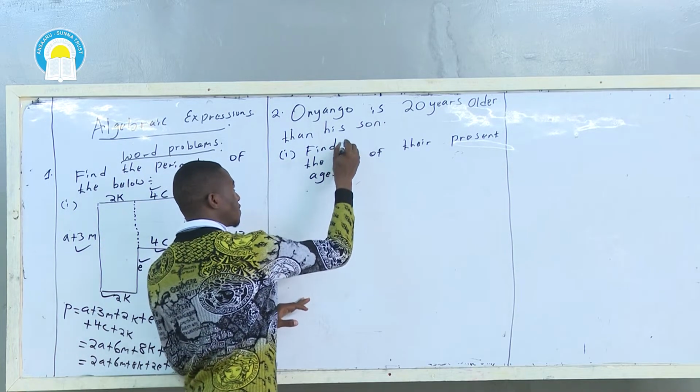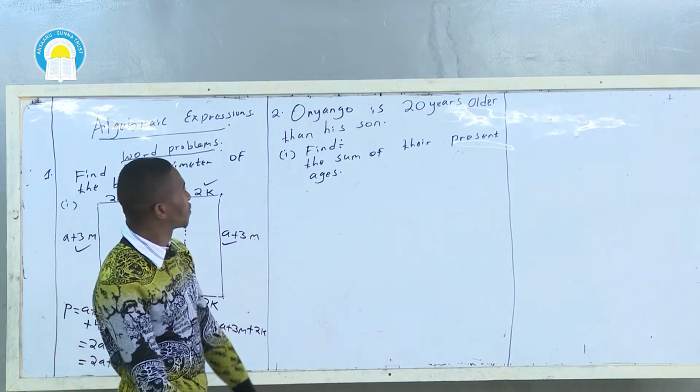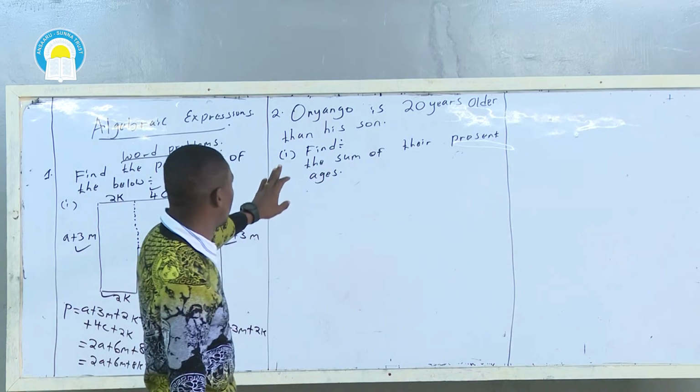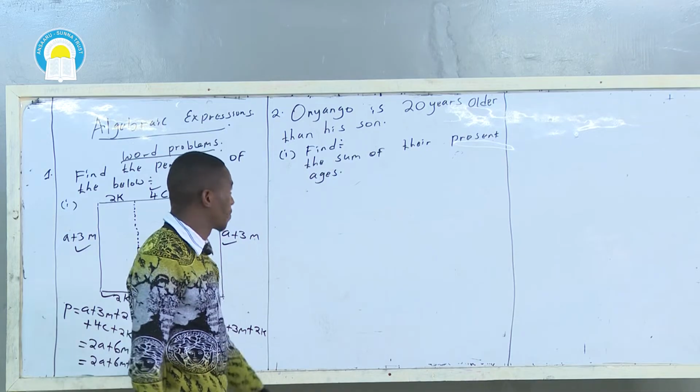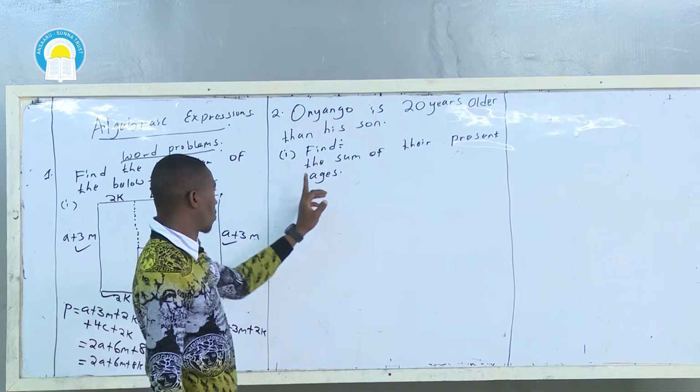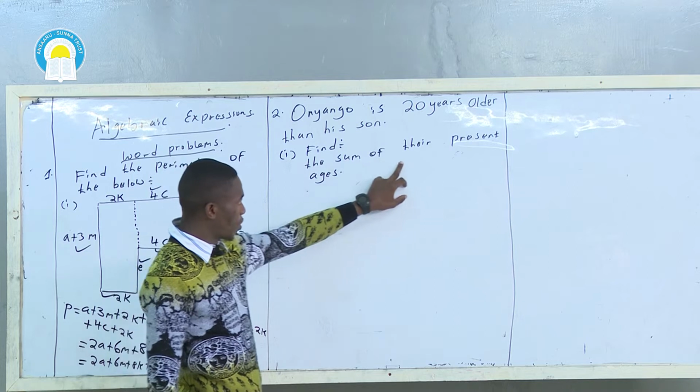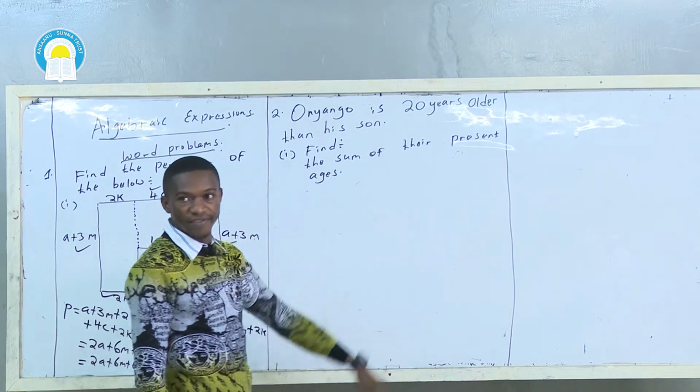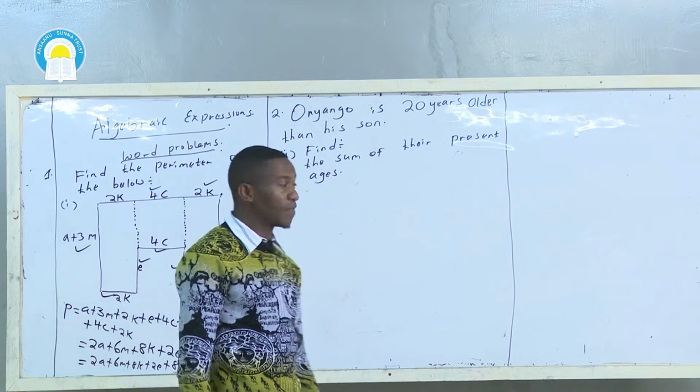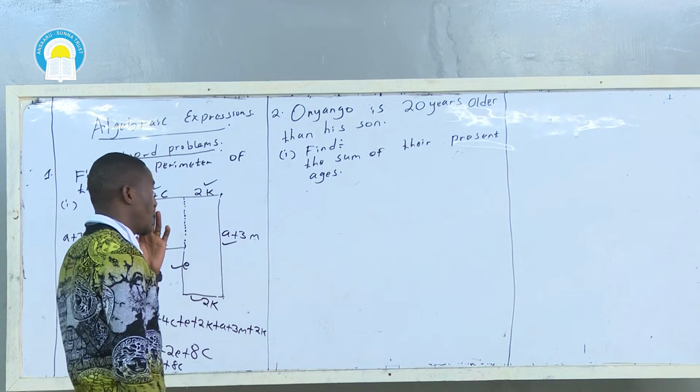The question is, Onyango is 20 years older than his son. Find, Roman 1, the sum of their present ages.